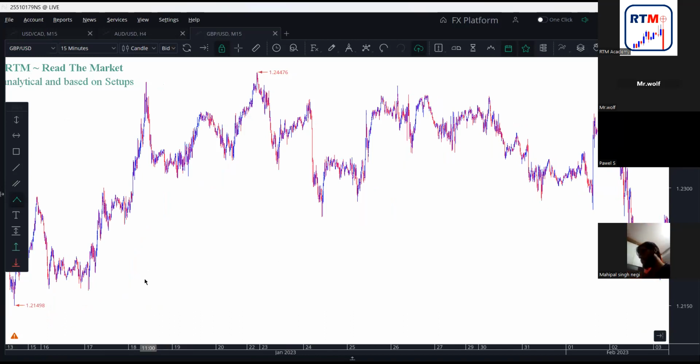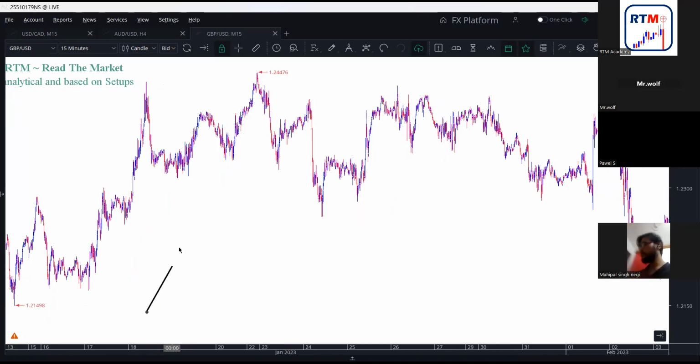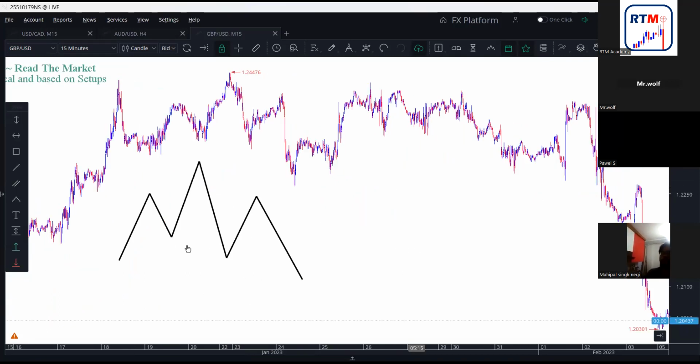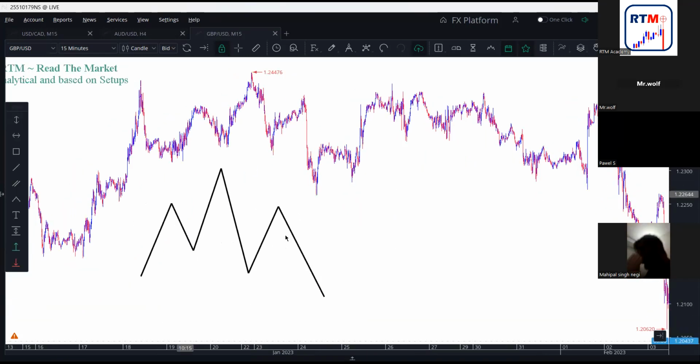For example, in the PDFs created by Mansoor Sapari and his students, you see that they tell you this is a QM: high, low, higher high, and lower low, and price gets back to the QM level, and then we can short here. But this kind of beautiful QM is really rare.